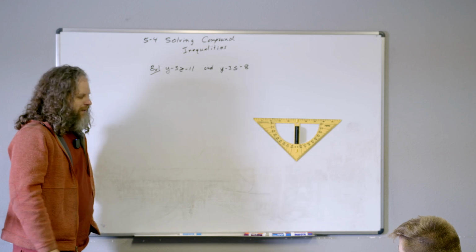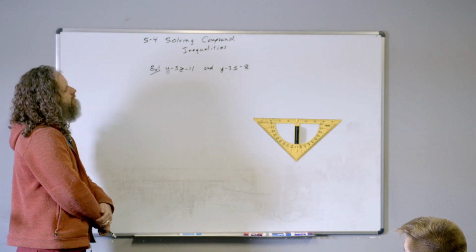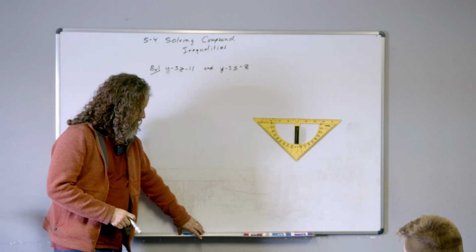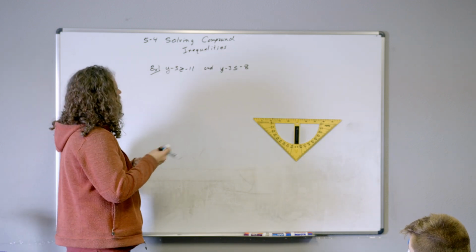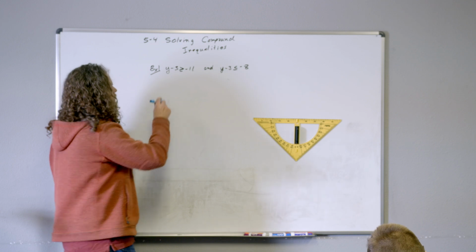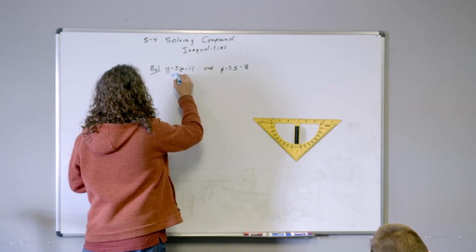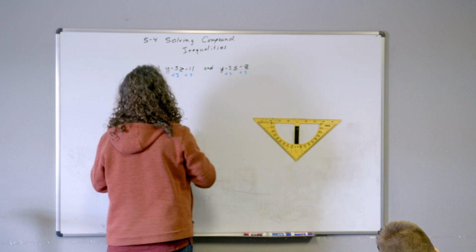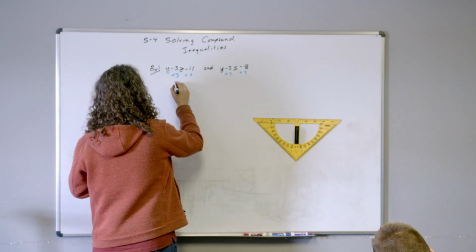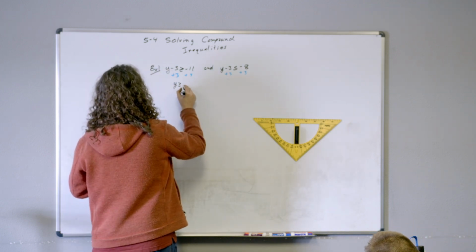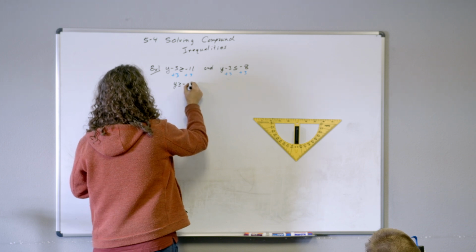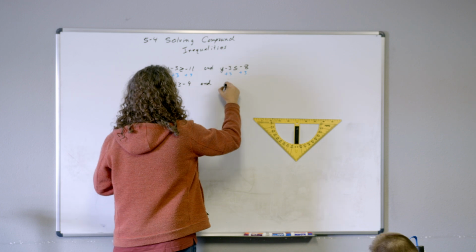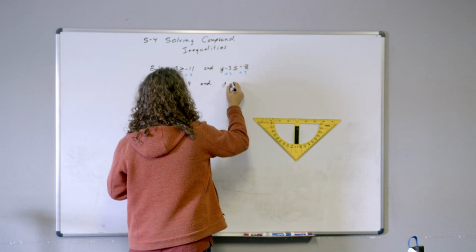How do you think we're going to solve these? For the first one, you would add 3. We do the same thing on this one, right? So we get y is greater than or equal to negative 8 and y is... Isn't it negative 8?